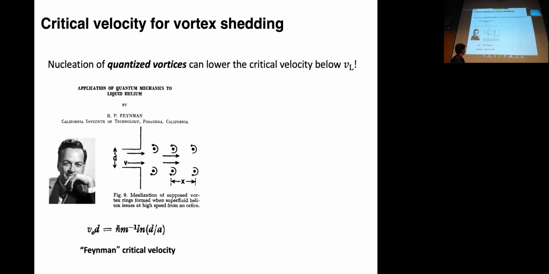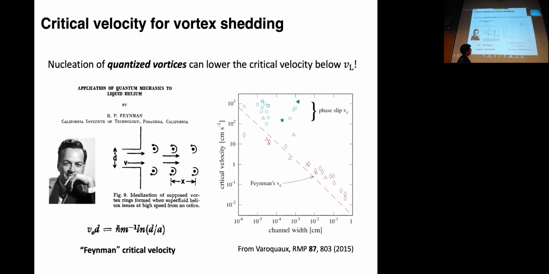And since then, as far as I know, I believe that the measurement of the vortex shedding critical velocity in superfluid helium has been one of the interesting established research topics in the study of liquid helium, both in helium-4 and helium-3.